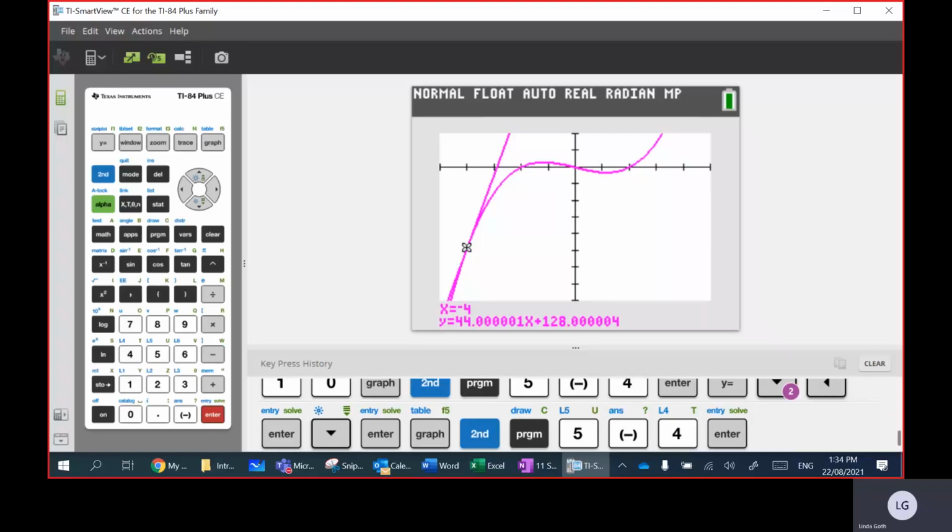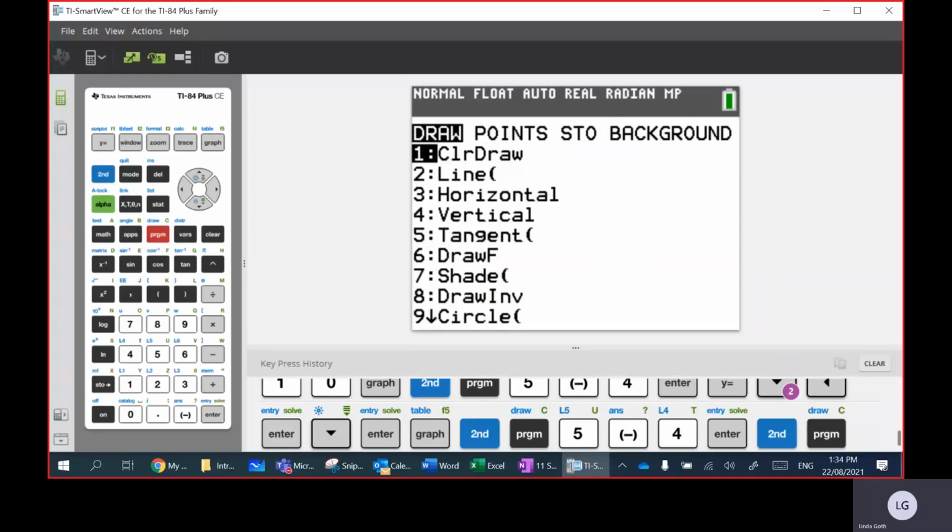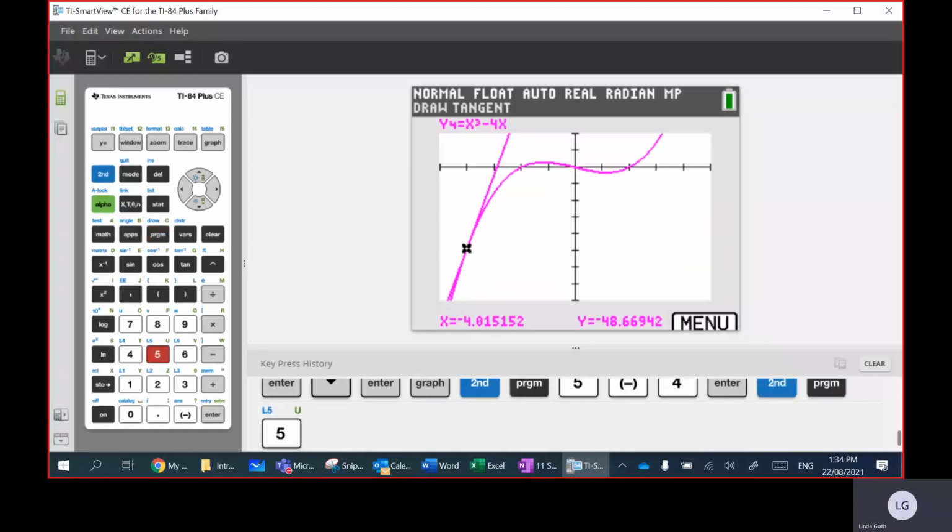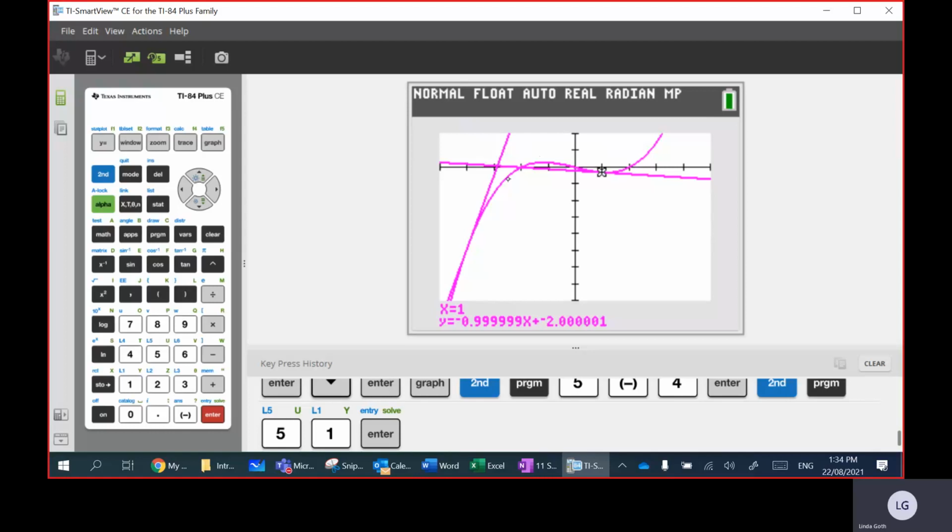I might do second draw, a tangent when x equals 1. We can see those tangents are going to be positive, and then negative, and then positive again, so there's a different pattern when we've got our cubic.